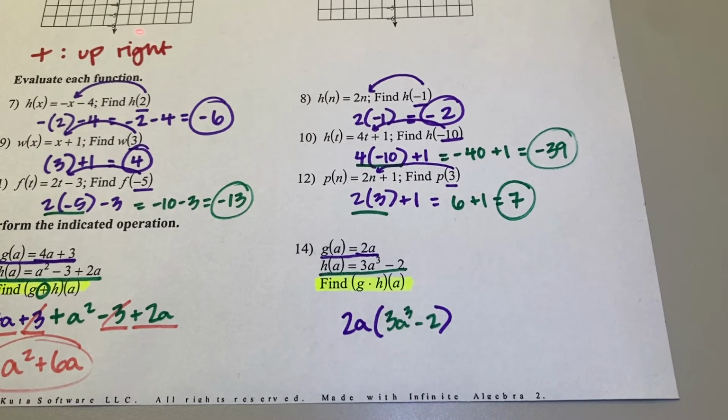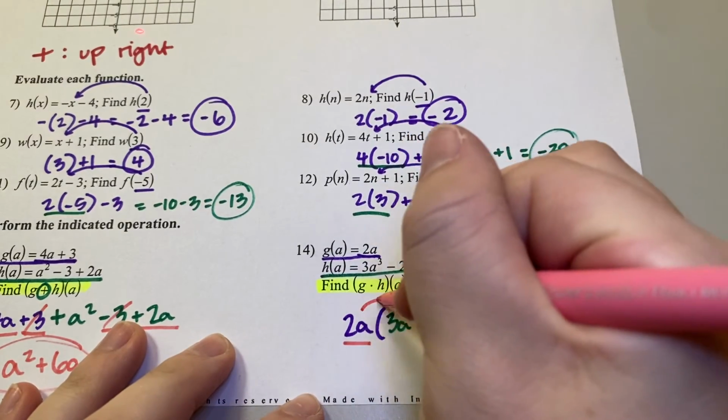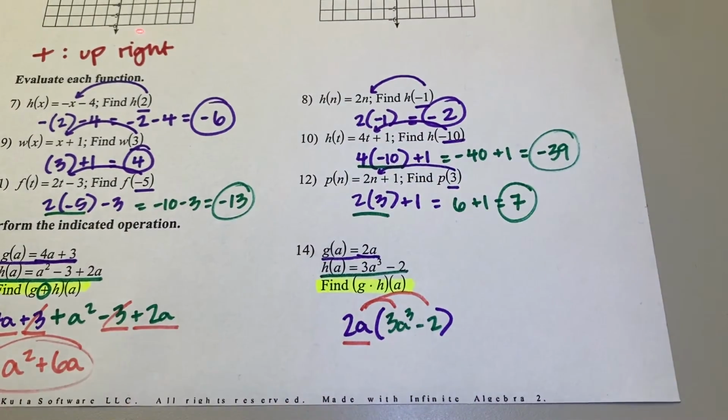Because what do we have to do whenever you see those parentheses, remember it starts with a D. What do we have to do? Distribute. Nice. That means multiply, right? So we're going to take that 2A, our first function, and it's going to multiply to our second function. We're distributing.